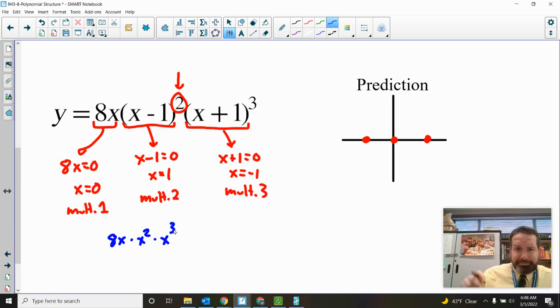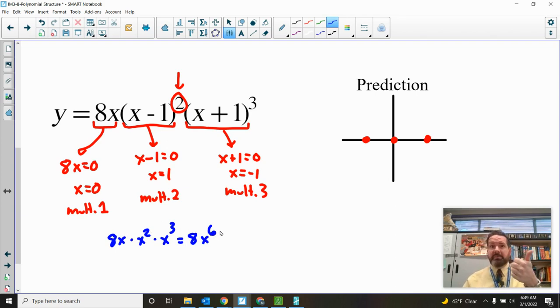What I'm doing now is focusing just on the front parts of each factor. So this x shows up twice, this x shows up 3 times, just so we can get a sense of the degree and what that first term looks like. So if you multiply all this out, the first term of whatever this expanded polynomial looks like is going to be 8x to the 1, 2, 3, 4, 5, 6.